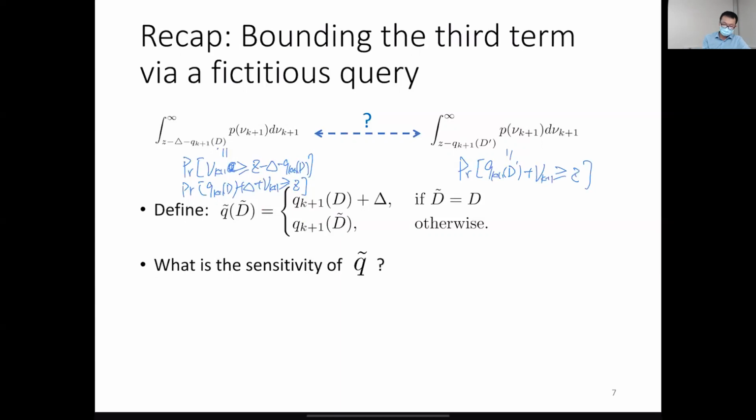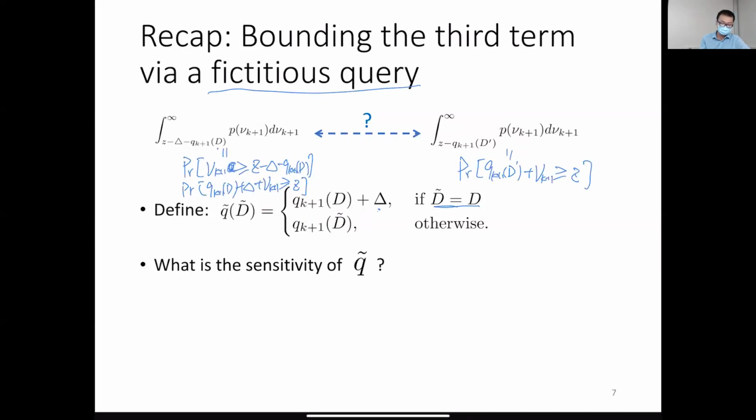Okay, so what we can do is to define a so-called fictitious query, or some utility query that only exists in theory. We can define this Q tilde with an arbitrary input data set D tilde such that whenever this D tilde is equal to D, then we output Q K plus 1 of D plus this sensitivity delta.